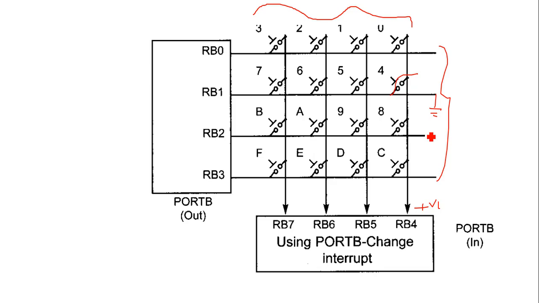It is the function of the microcontroller to scan the keyboard continuously to detect which key, from which row and column, is shorted. It is continuous scanning for detection to identify which key is pressed.